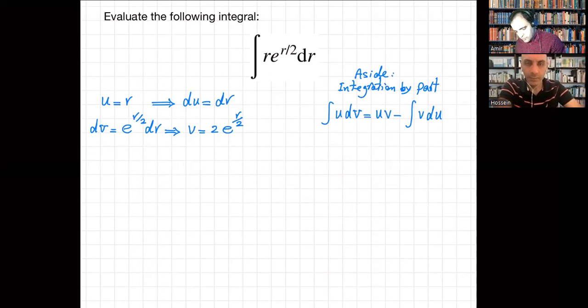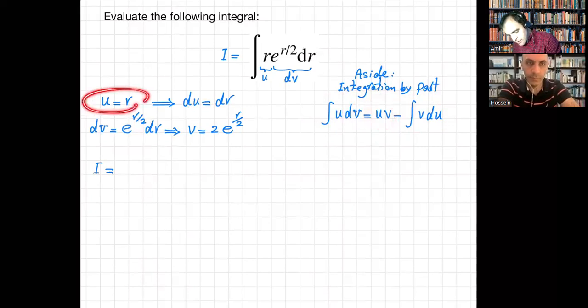So if I call this integral I, therefore I is equal to, using this relation, u times v, where this was u and this was v.